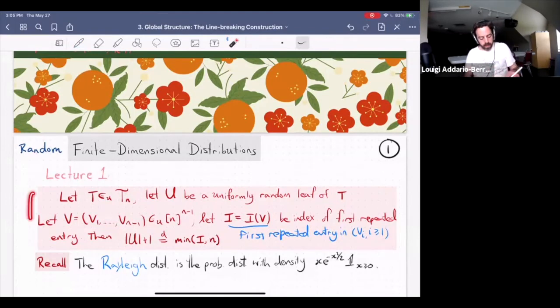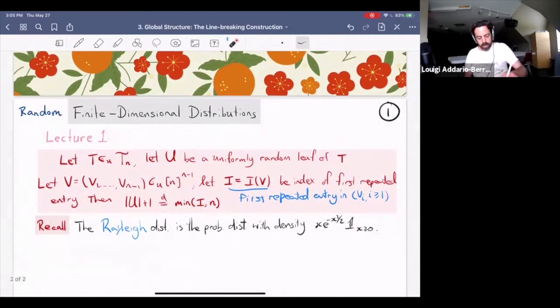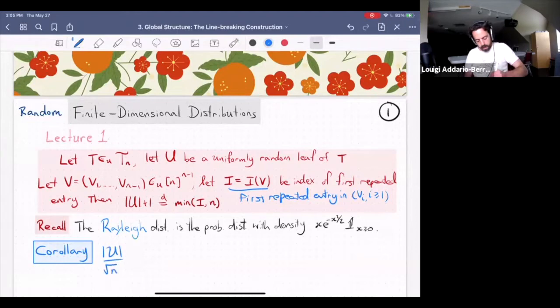Okay, so we had this identity, and then as a corollary of this, we stated in the first lecture that the height of this randomly sampled vertex divided by root n converges in distribution to a Rayleigh random variable.